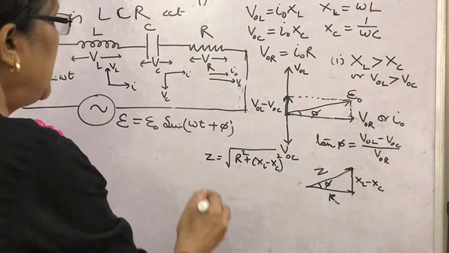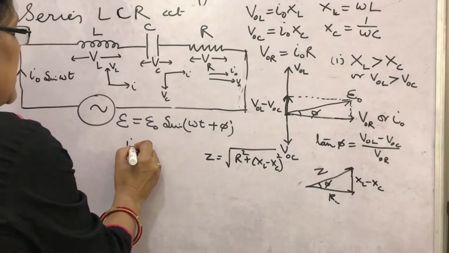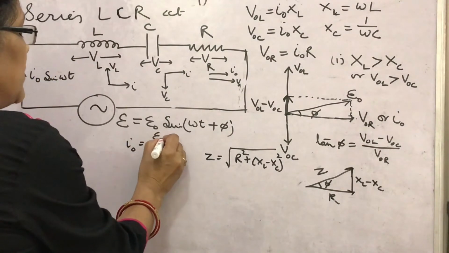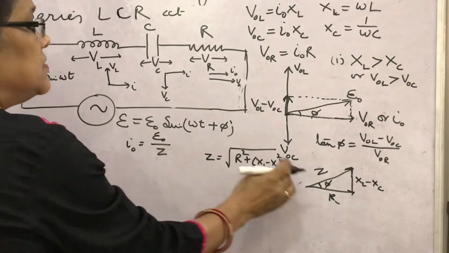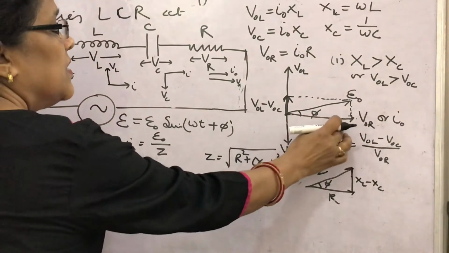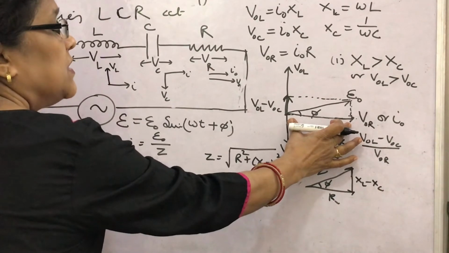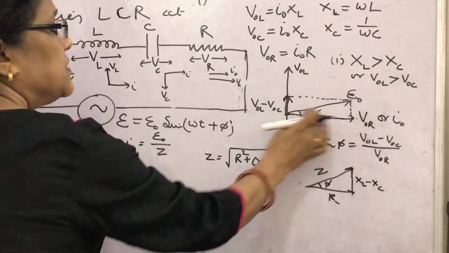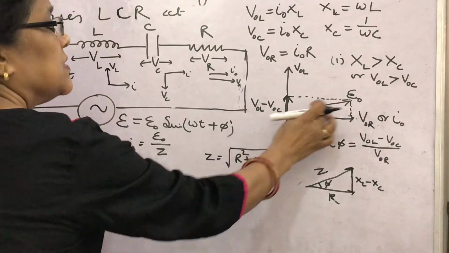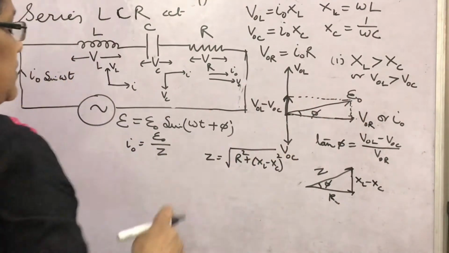What will be the current? The current can be written as I naught equal to E naught upon Z. Look here, from this triangle, this is the voltage across resistance, this is the voltage difference across coil and capacitor, and this is the resultant voltage E naught.